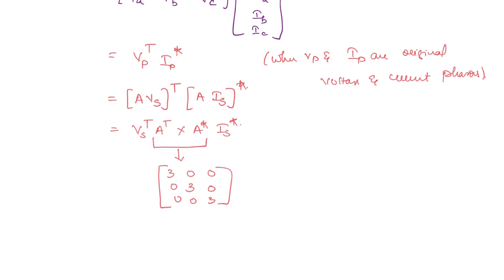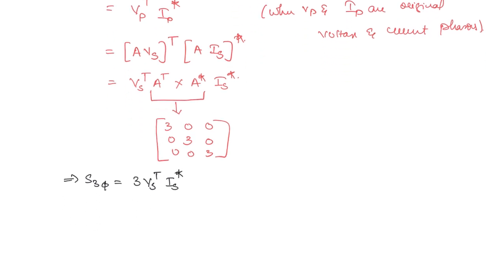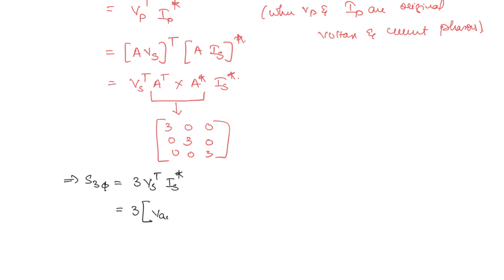So you can write the three phase complex power as 3 times Vs transpose into Is conjugate. If you expand these Vs and Is matrices, what final expression are you going to get? 3 times Va0 Ia0 conjugate plus Va1 Ia1 conjugate plus Va2 Ia2 conjugate.